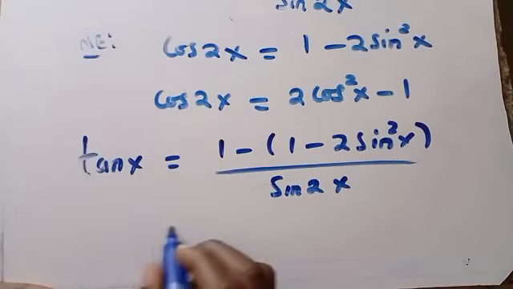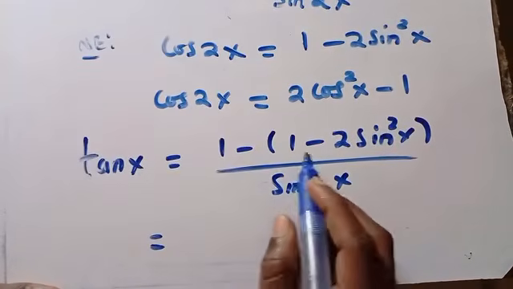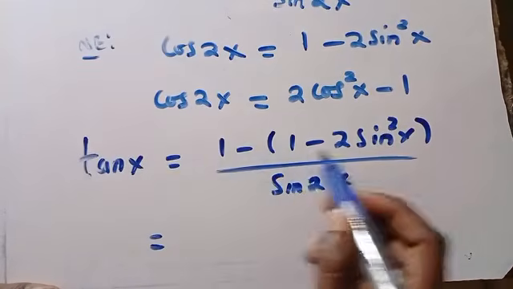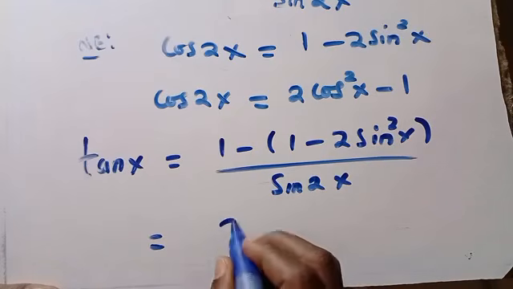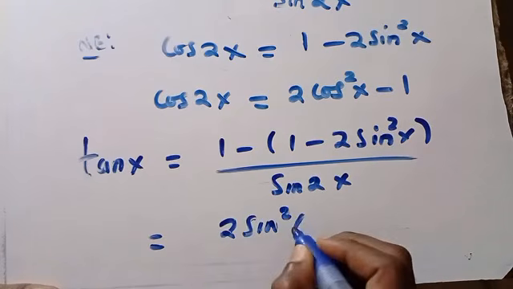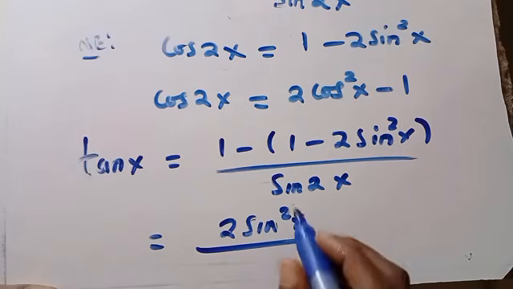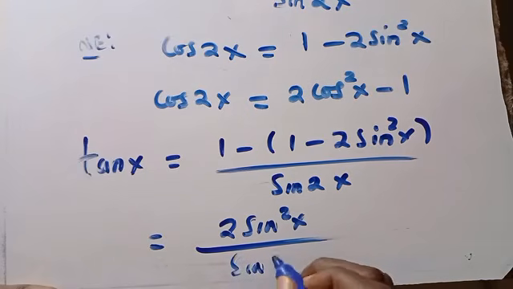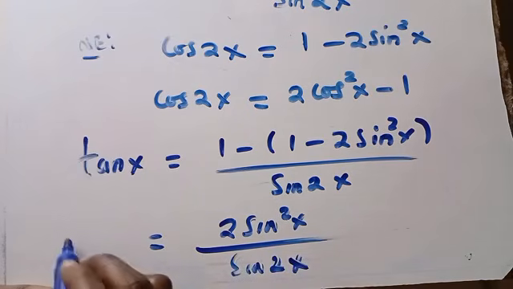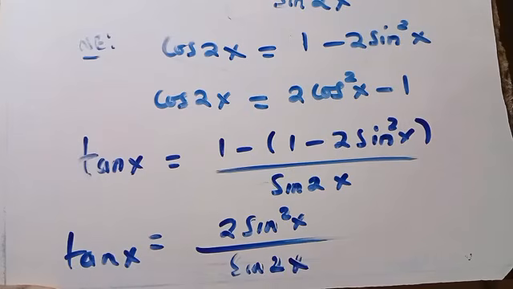When we open the parenthesis, plus 1 minus 1 cancels, and we have only 2 sine squared x divided by sine 2x, which should equal tan x.